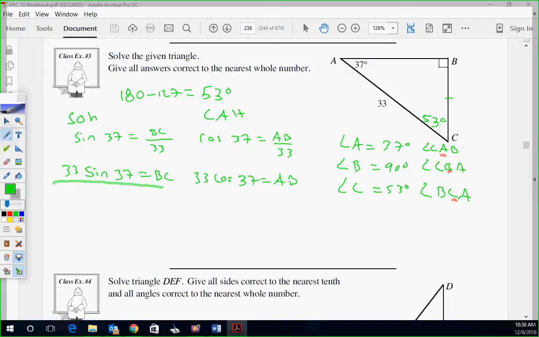Okay. BC is 20. And I expect the other one to be bigger than 20. 26. Okay. So we have all of our stuff: 20, 26, and 33.